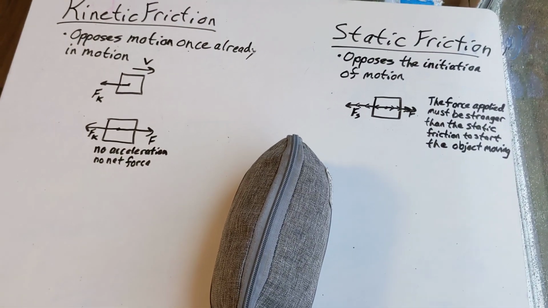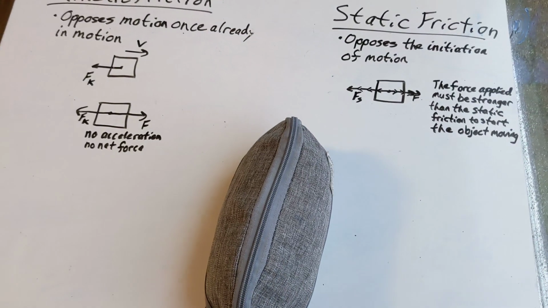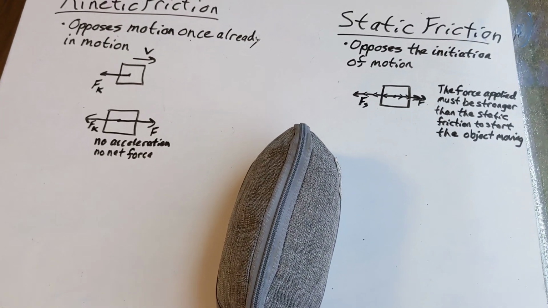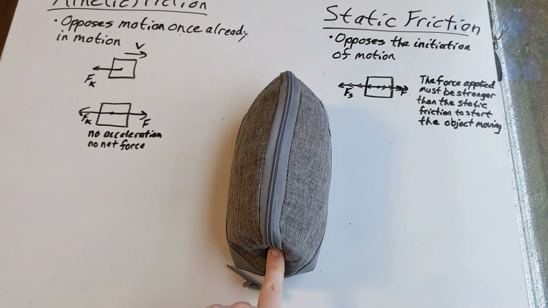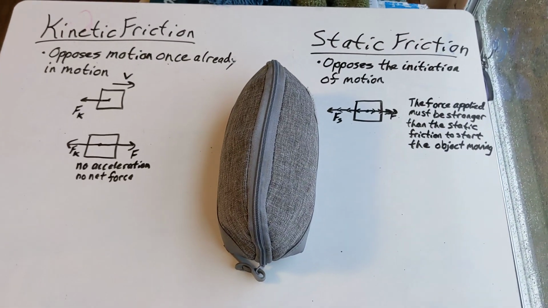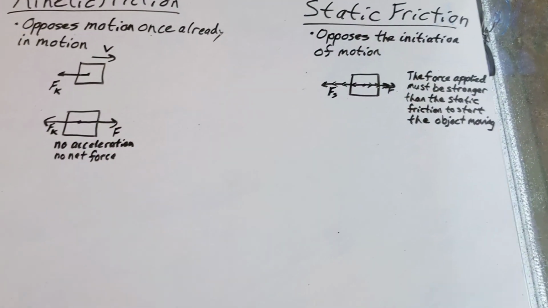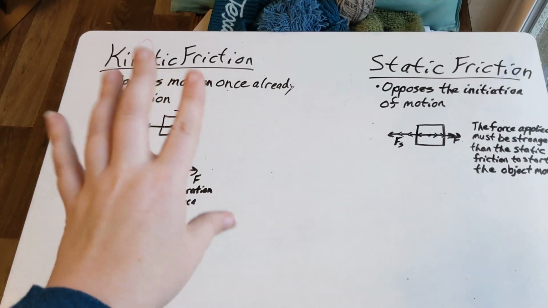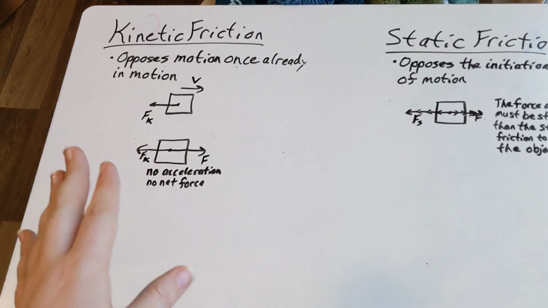So it is moving, and it is still pushing back against me, but I overcame that static friction. And once it gets moving, it should require less force to keep it moving than it did to initially get it to start. So again, kinetic opposes motion when it's already in motion.